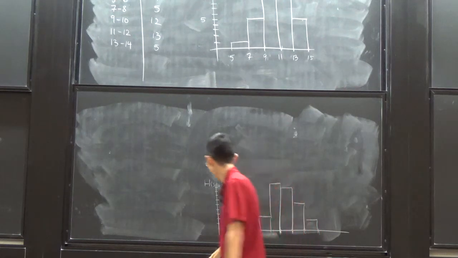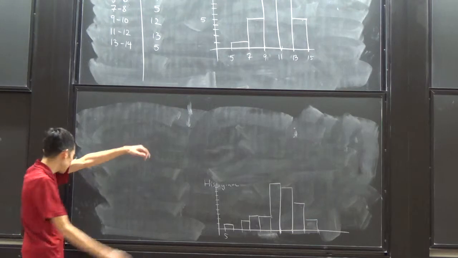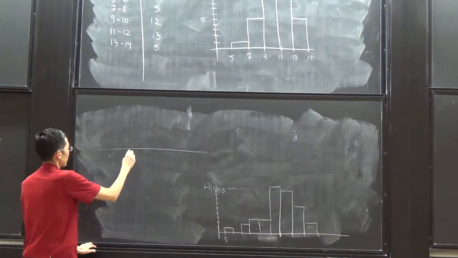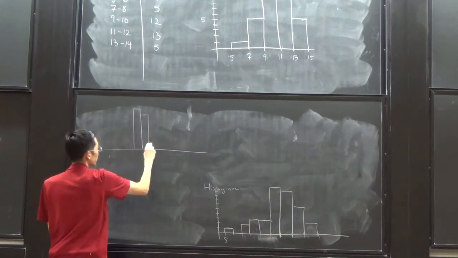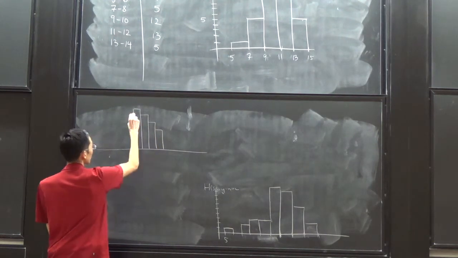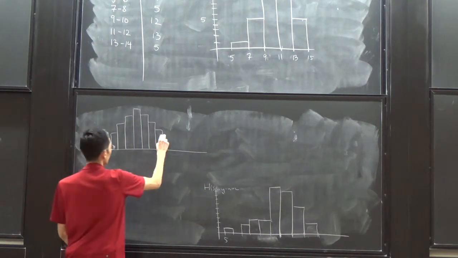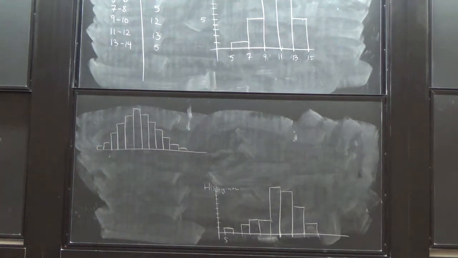Okay, so we have a histogram like this, right? And you can imagine, perhaps I have another histogram that looks like this, okay?